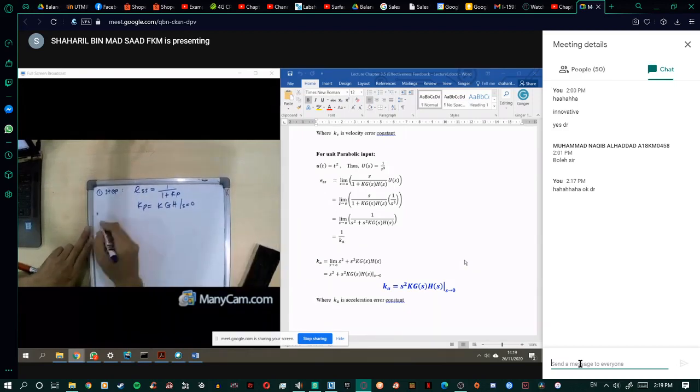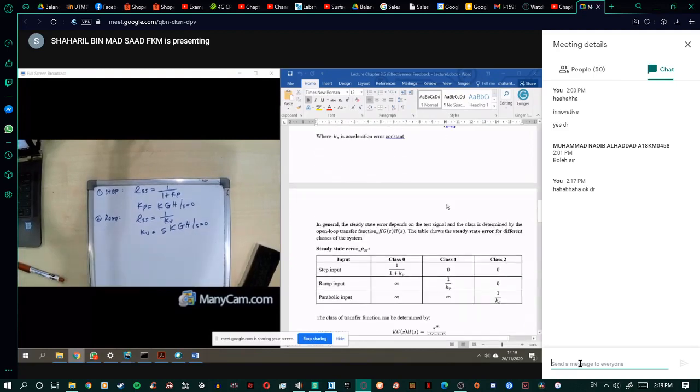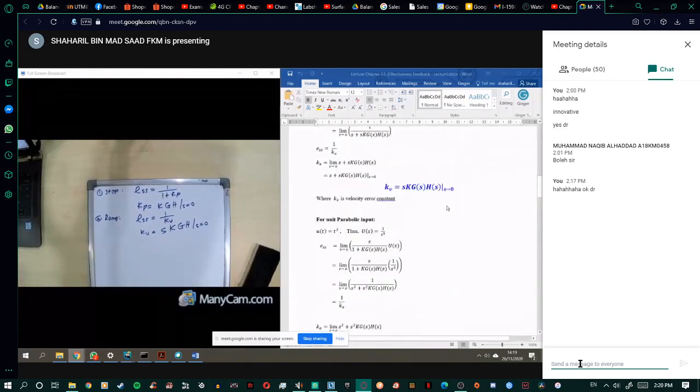When you apply the ramp input, ess equal to 1 over Kv, where Kv is equal to the limit of s KGH as s goes to 0. And then for the parabolic input, ess is 1 over Ka, where Ka is equal to the limit of s squared KGH.